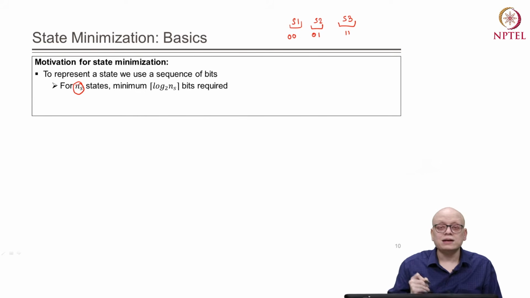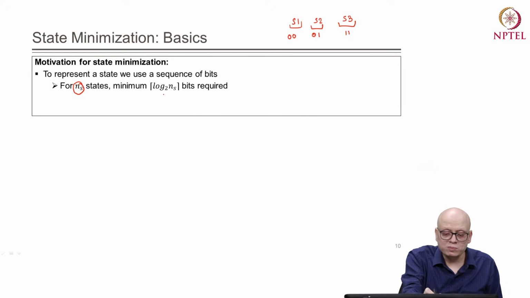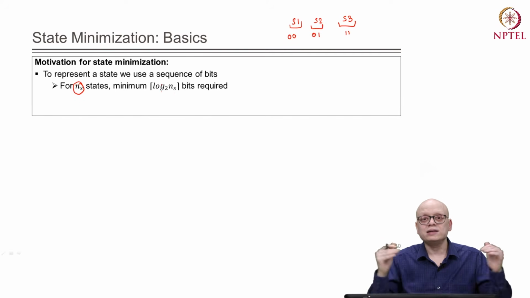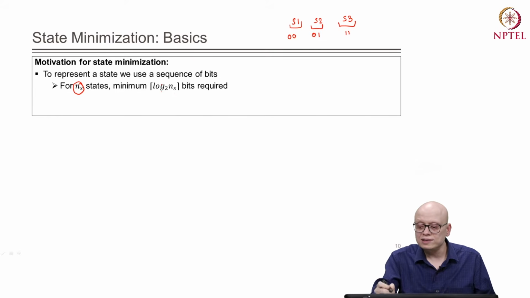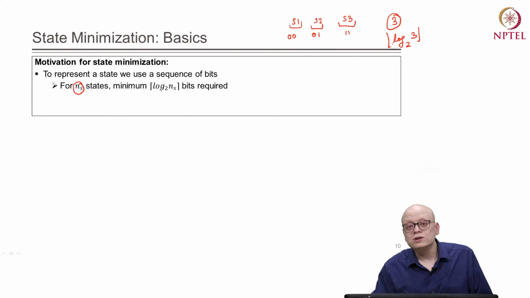So, we represent each state as a sequence of bits, and for a given number of states ns, how many bits do we minimally require? The minimum number of bits required will be log ns to the base 2, and then we take the ceiling of it. In this case there were 3 states, so the minimum number of bits required will be 2.